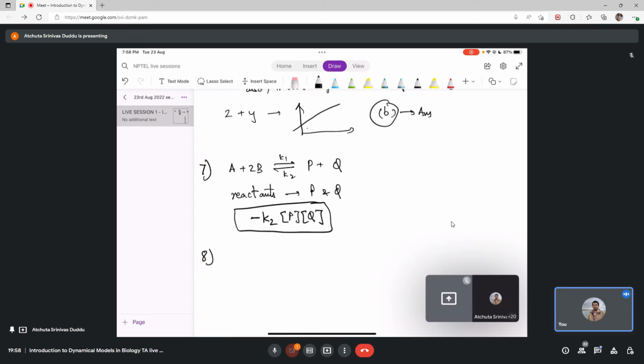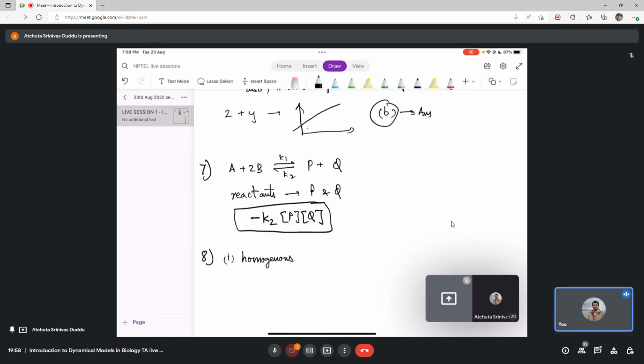And then we have the next question, question 8, which is asking us what are the critical assumptions behind any ODE based biological model. So the first assumption, if you've watched the lectures as well, is that it is a homogeneous system, right? Let's say you're trying to model a biological cell, and you inject a protein into the cell.